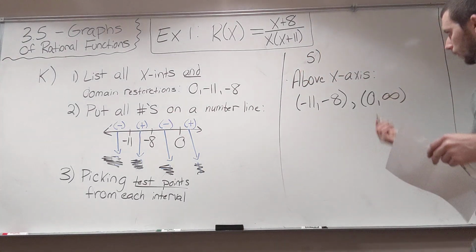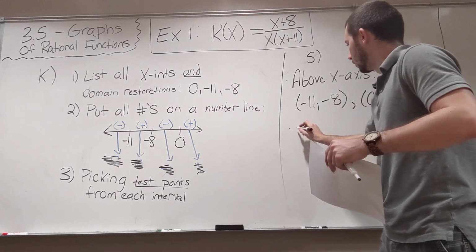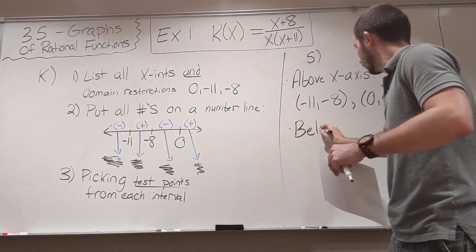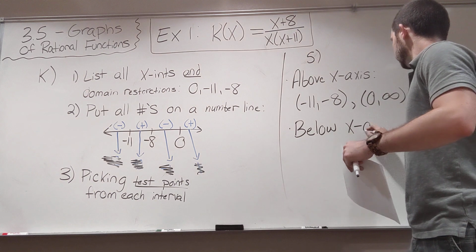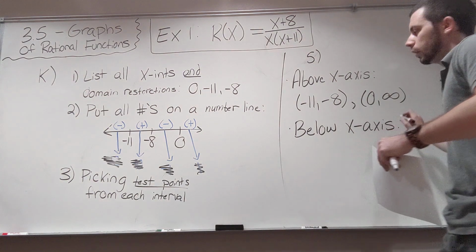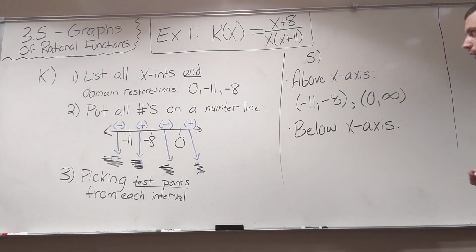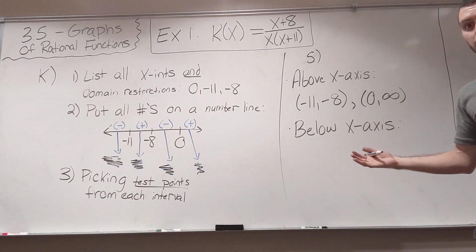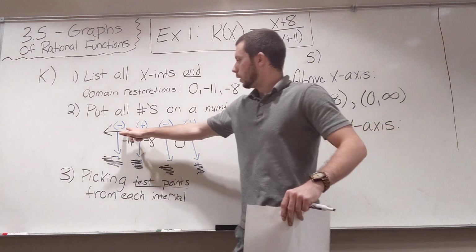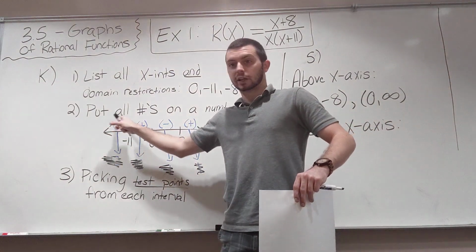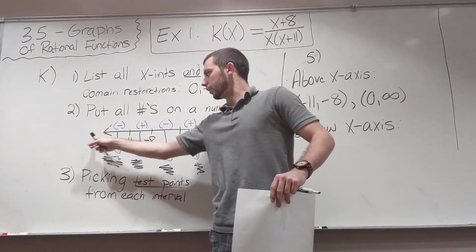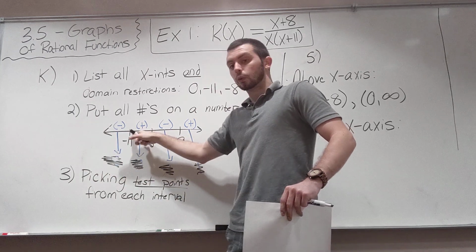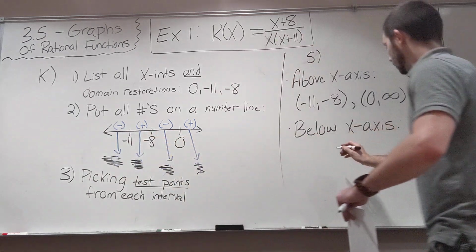But enough rambling, let's go ahead and look at below the x-axis. And this is just the contrary. This is just segments with a negative symbol. So this segment has a negative symbol. That segment seems to come from negative infinity all the way to -11.